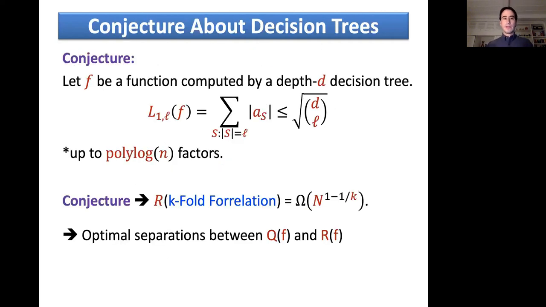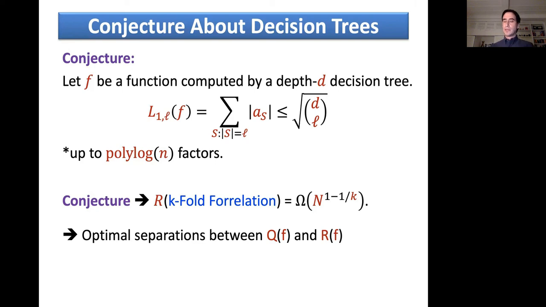I want to mention that although we get bounds on the sparsity of deterministic decision trees and randomized decision trees, we believe that better bounds are correct. We conjecture that the bounds could be improved to square root d choose L, whereas the bound that we get is square root d to the L. So they are sort of square root L factorial better than what we achieve.